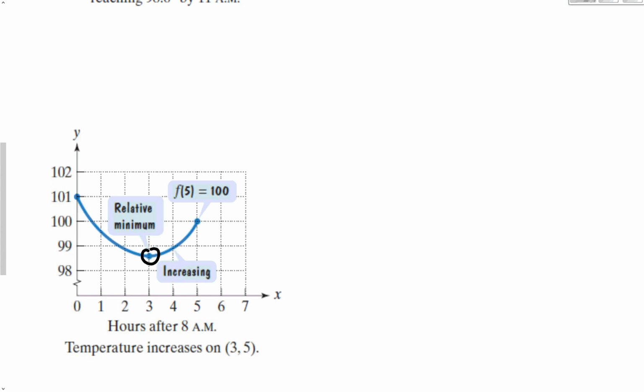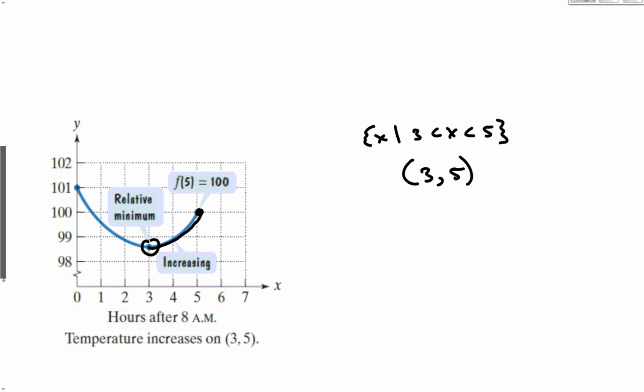That's the minimum of the graph, the lowest this graph ever gets. But we can clearly see that from there to here, between x such that 3 is less than x, which is less than 5, if we're looking at my x values between 3 and 5, this graph increases.